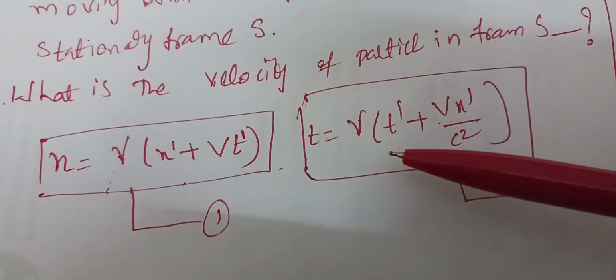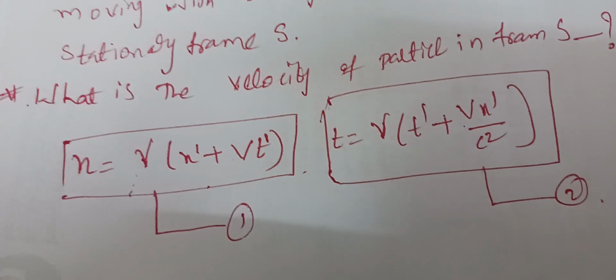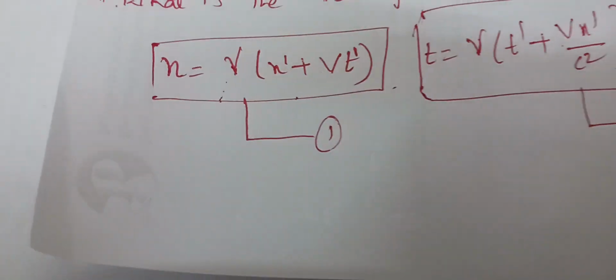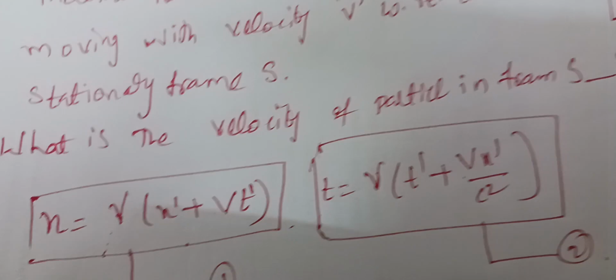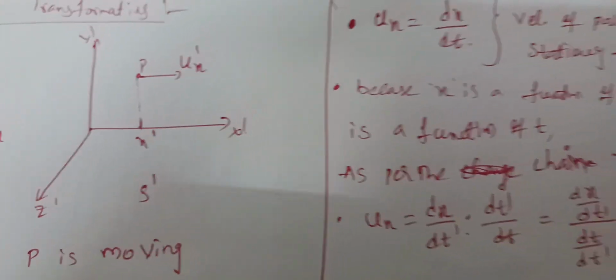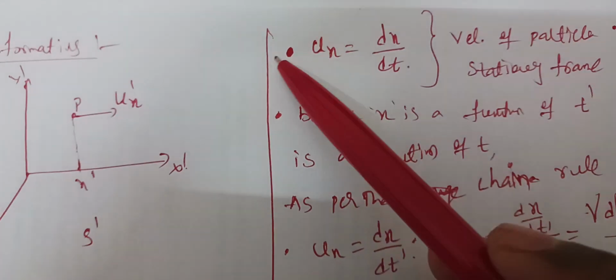This is the relation between t and t dash. Now how is this useful for finding the relativistic velocity addition? Let us see. I'm considering a differentiation approach here.